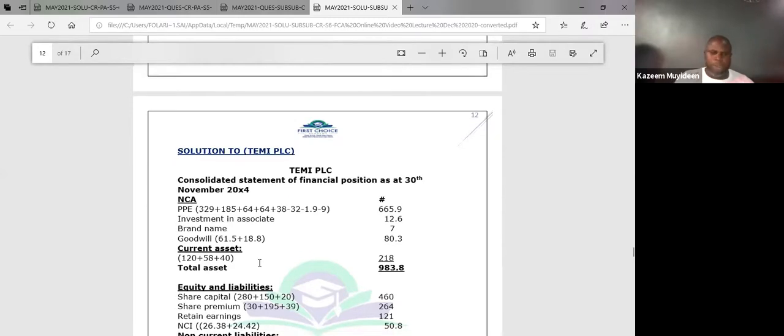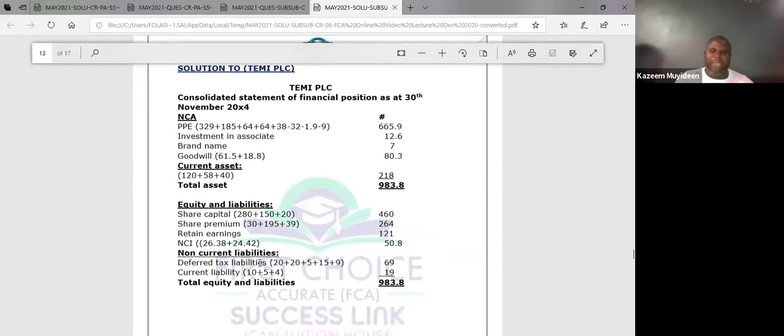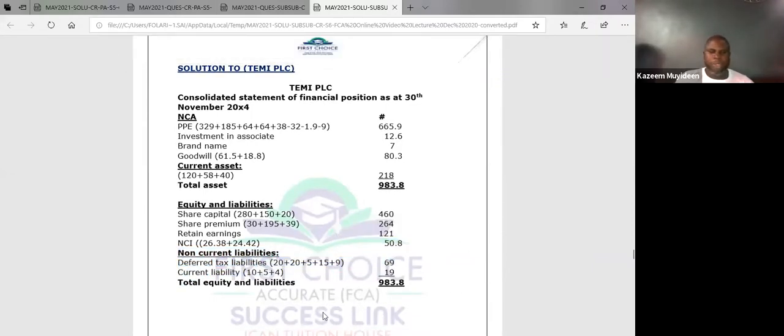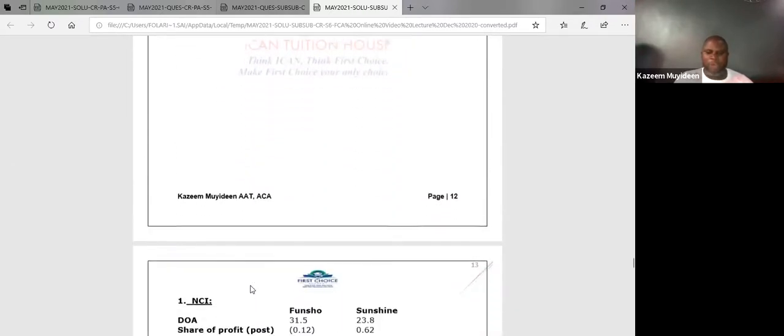Investment in associates, I must have read in the question. I will leave that. I go to goodwill, leave two lines. Then current assets, total assets, equity and liability, share capital, retained earning, NCI, non-current liabilities, deferred tax, current liability. I will now open analysis of the group structure.